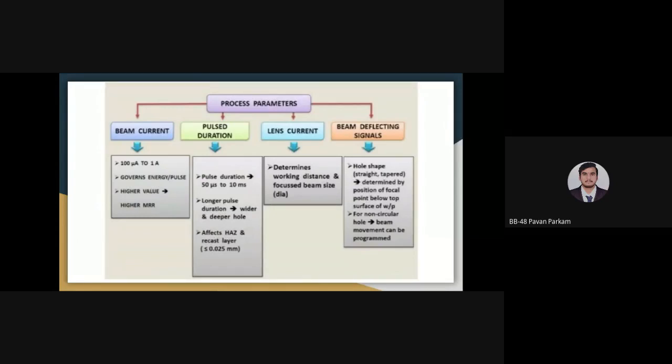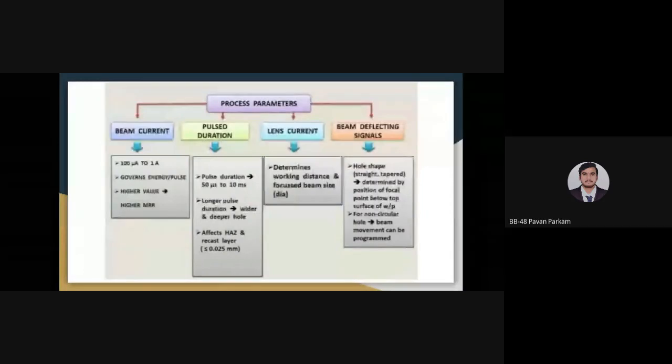A higher value of beam current will generate high beam energy per pulse, and it will generate high metal removal. Please remember, by changing this beam current, you can change the beam energy, or the material removal rate on your workpiece surface. So this is a very important parameter, the beam current.